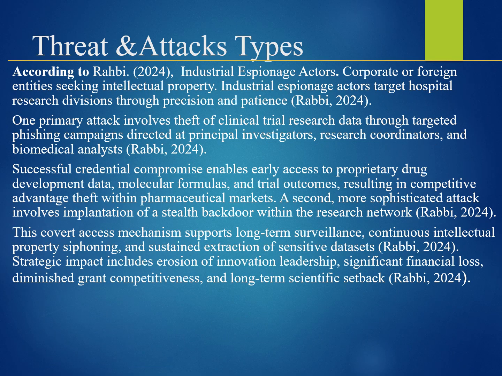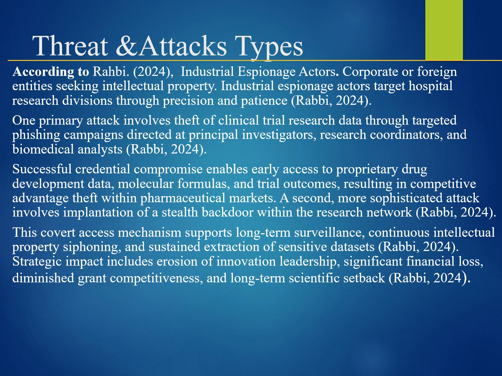As we continue in this section, we have the industrial espionage actor, which is a corporate or foreign entity seeking intellectual property. These actors target hospital research divisions through precise intrusions. One primary attack involves theft of clinical trial research data through targeted phishing campaigns directed at principal investigators, research coordinators, and medical analysts.